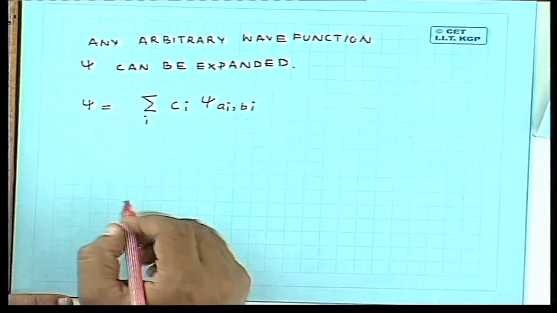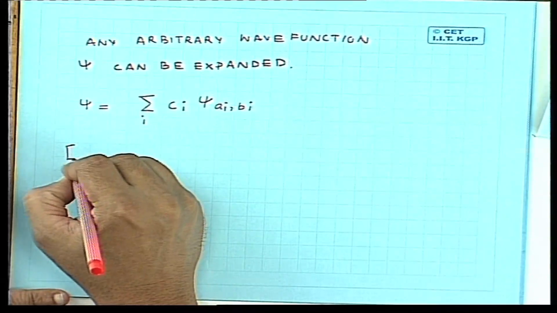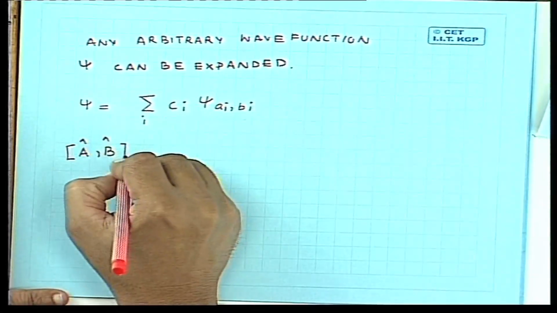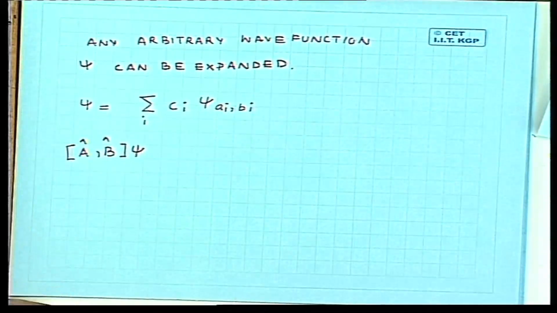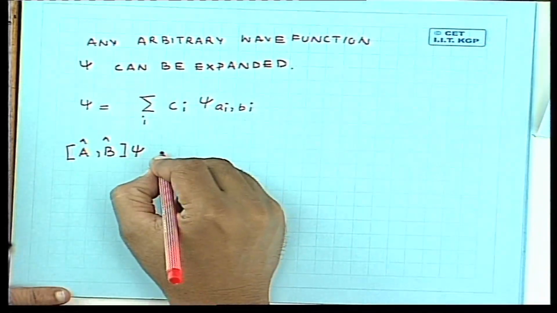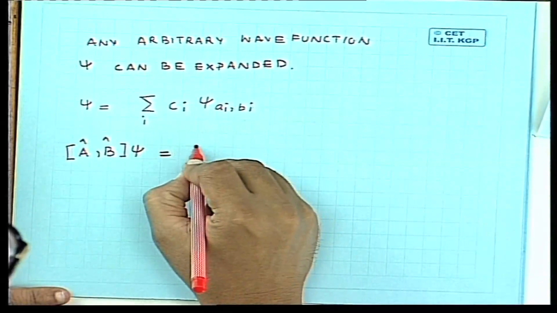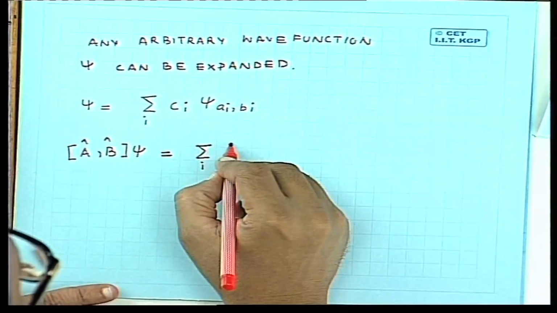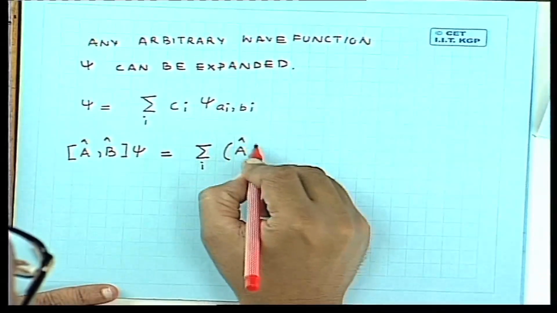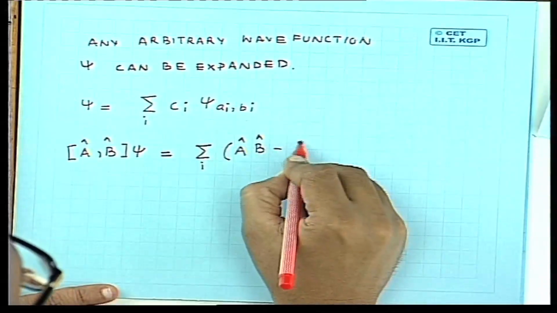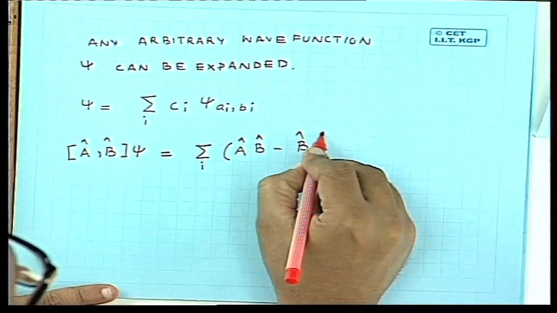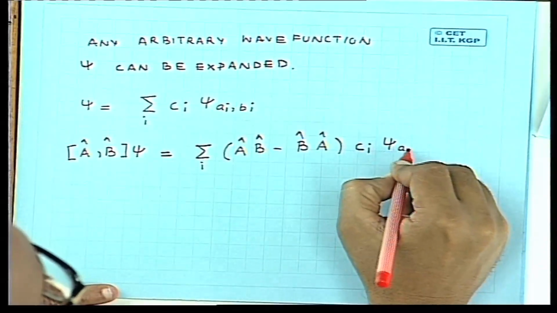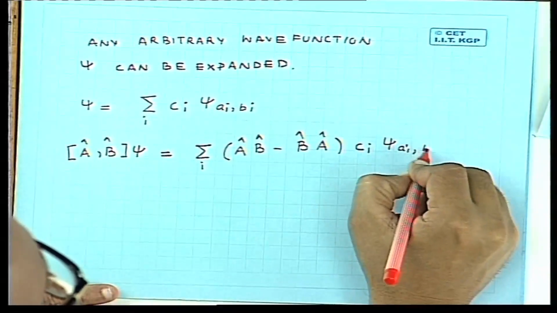Now let us work out the commutator acting on psi. The commutator is AB minus BA, and this will act on the sum of Ci psi Ai comma Bi.